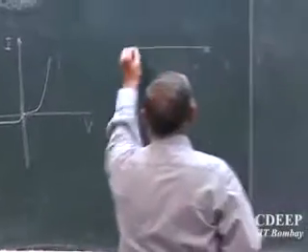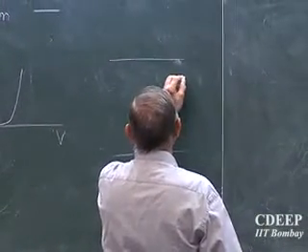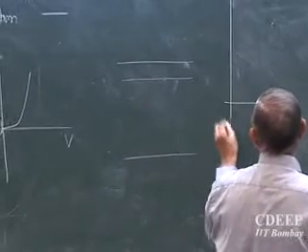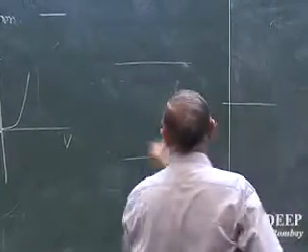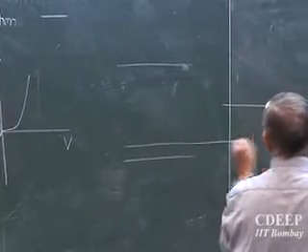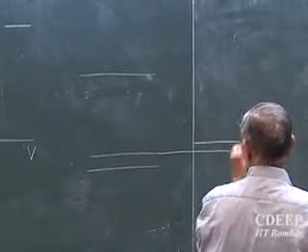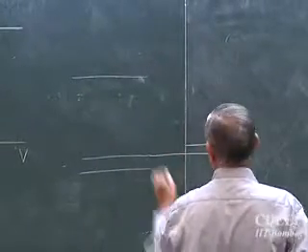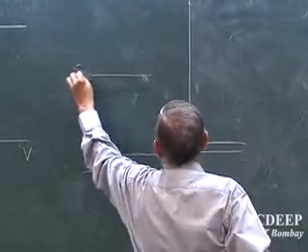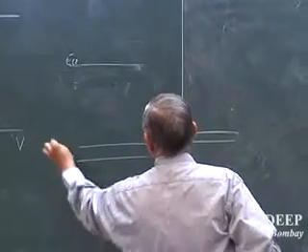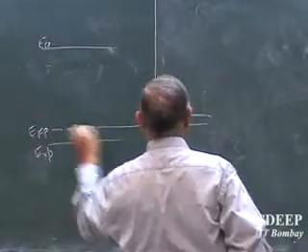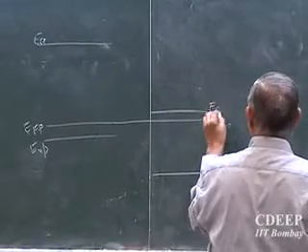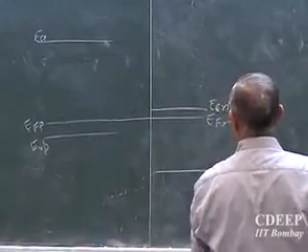In zero bias or open circuit, the PN junction Fermi levels are somewhere here. If I join, then this is my conduction band. Sorry, it is P, so the Fermi level is here. The Fermi level is the same across the device. This is ECP, this is EVP, this is EFP, this is EFN, this is ECN, this is EVN.